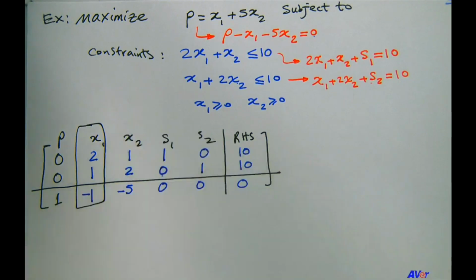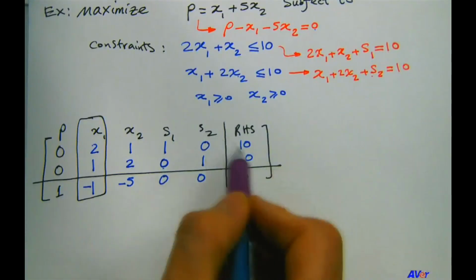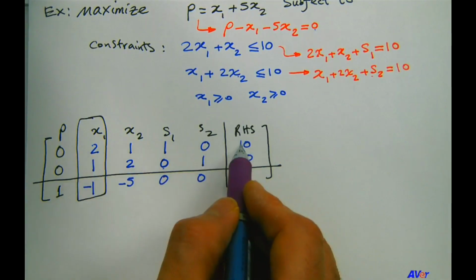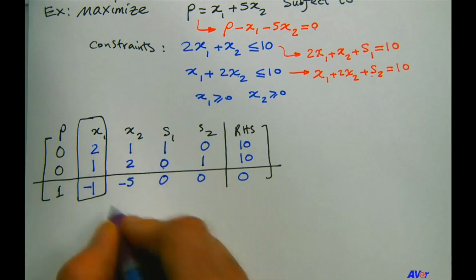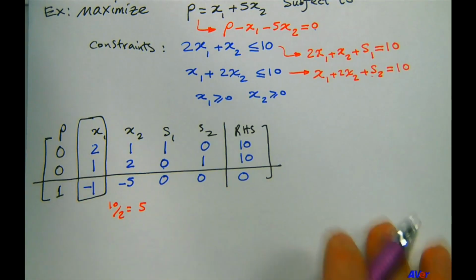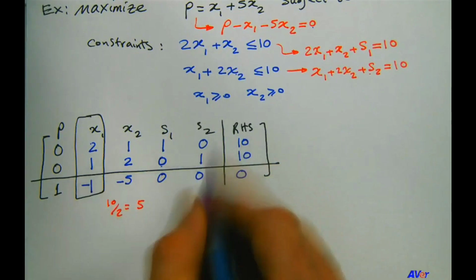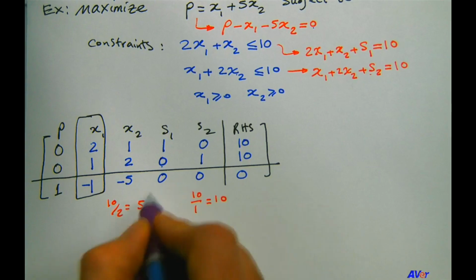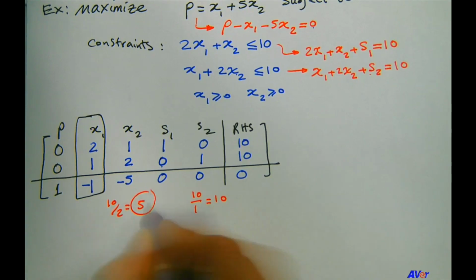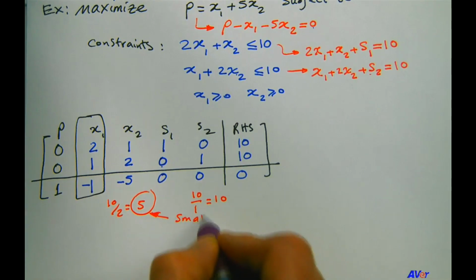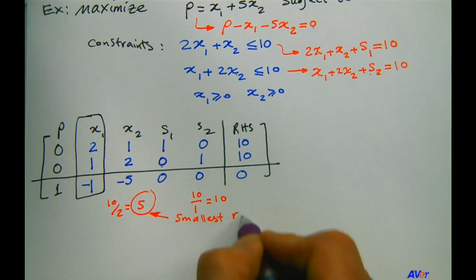To do that, we need to find the smallest ratio. So 10, this number in the right-hand side, divided by 2, we get 5. And 10 divided by 1, we get 10. And this 5 is the smallest ratio, right? So this is the smallest ratio.